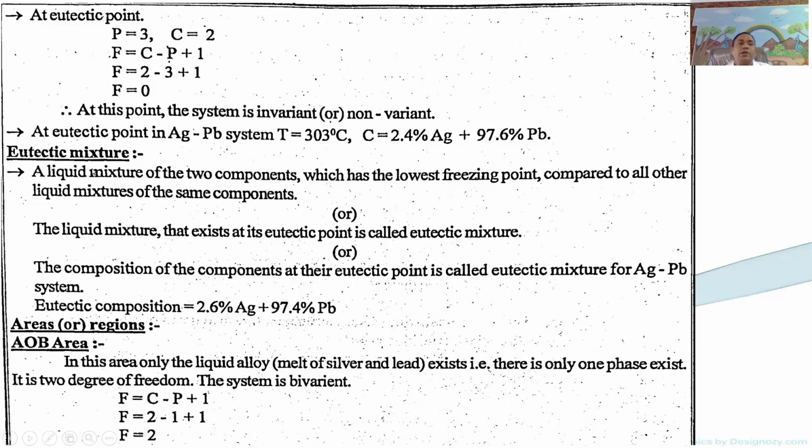Next, the eutectic mixture. A liquid mixture of the two components which has the lowest freezing point compared to all other liquid mixtures of the same components is called the eutectic mixture.